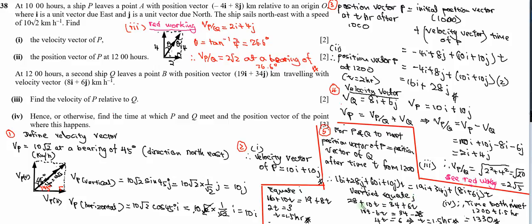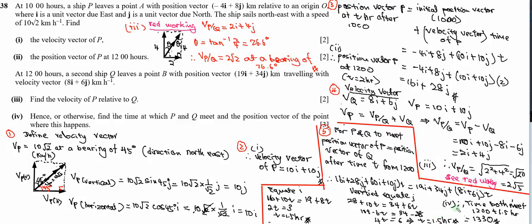On the left hand side is 28 plus 10t. On the right hand side is 34 plus 6t. Work it out, and you find t is also equal to 1.5 hours. Therefore, t equal to 1.5 hours is correct.